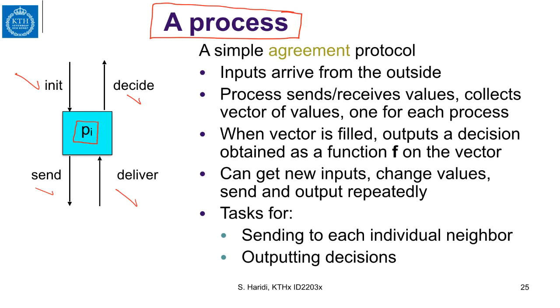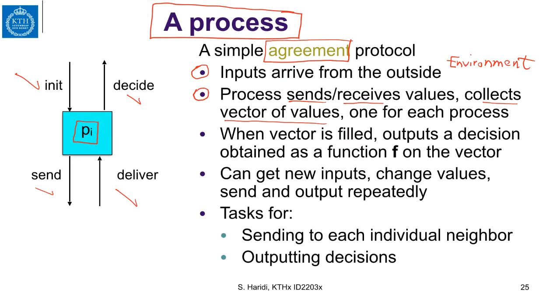Let us see what we want process PI to do. Process PI defines a very simple agreement protocol. And what is that agreement protocol? Inputs arrive from outside, that's what we call the environment. And each process, for example process PI, sends and receives through delivery values and collects a vector of values, one element for each process.